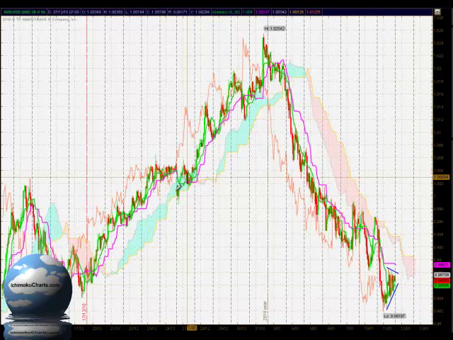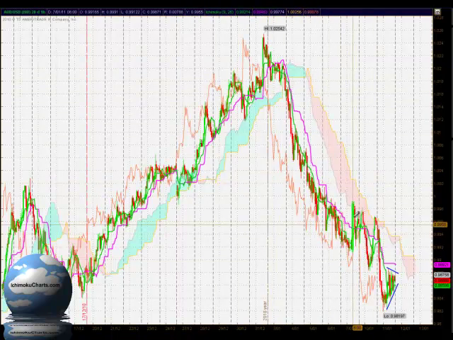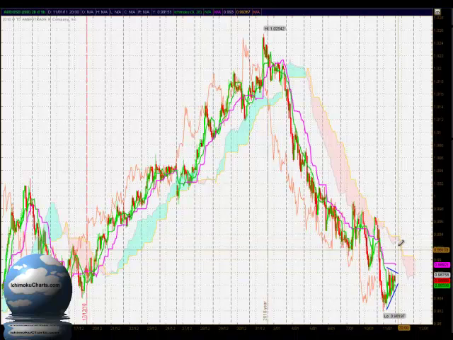So we can see here how the Ichimoku cloud is a very good big picture indicator of the trend in the market. We can see here as the market was trending down how it interacted with the cloud and found resistance on the way up. So that's what we'd expect to see here. If the market interacts with the cloud to the upside, then we should look to that holding as resistance.